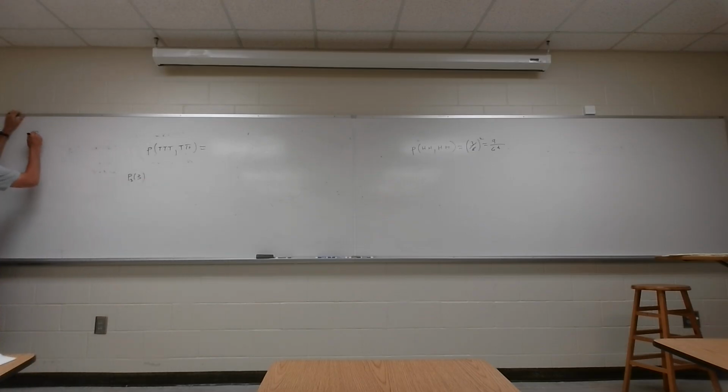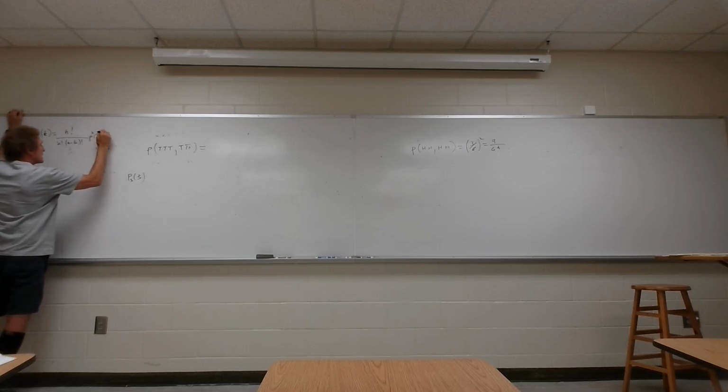So the probability of n, k is equal to n factorial over k factorial, n minus k factorial, p to the k, and then 1 minus p. Oftentimes you'll see this as q. It's just 1 minus p, and it'll be to the n minus k.